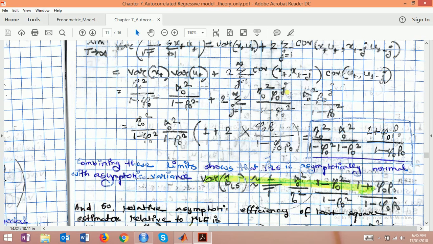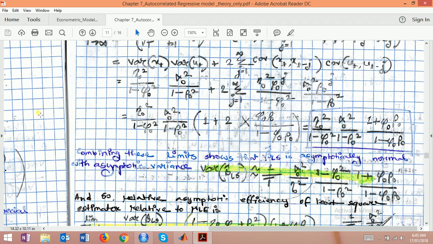This is also the same, except for xt minus j. For the lag, we bring in the autoregressive parameter phi naught j, and rho naught j is the autocorrelation parameter with sigma square. That's all, nothing else.